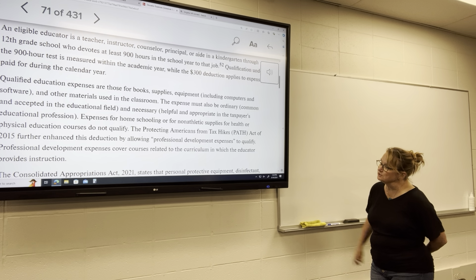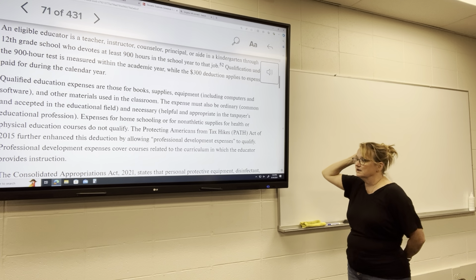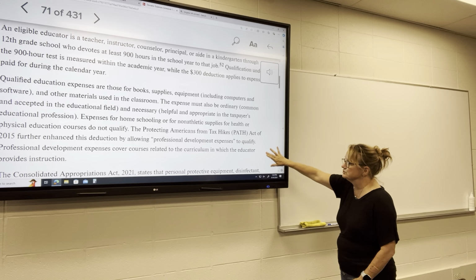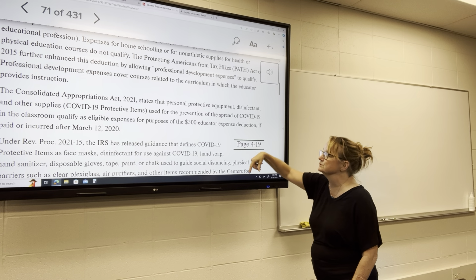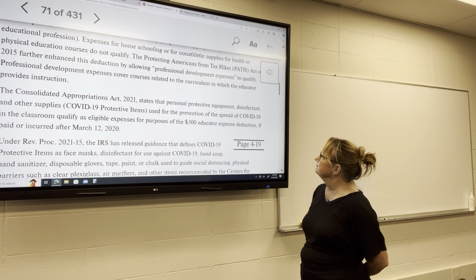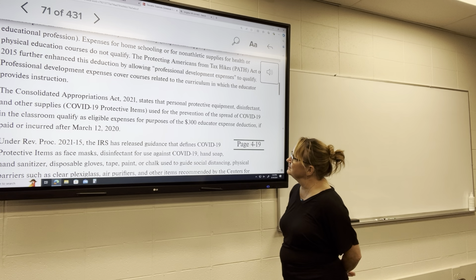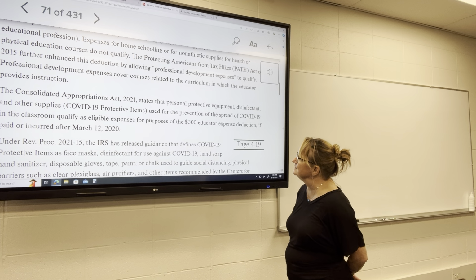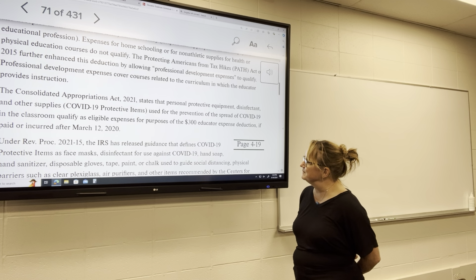So also they included recently professional development expenses, so they can take professional development courses out of pocket, and that can be counted as toward their $300. Personal protective equipment and other supplies, COVID-19 items used for the prevention and the spread of COVID qualify as eligible expenses.